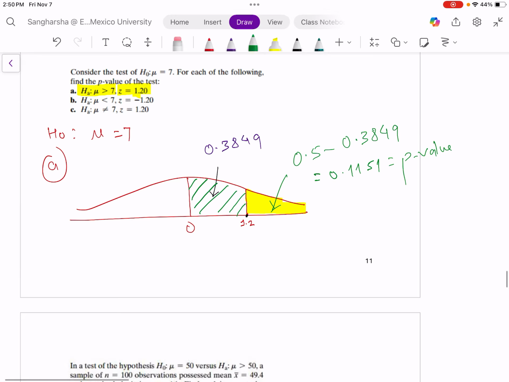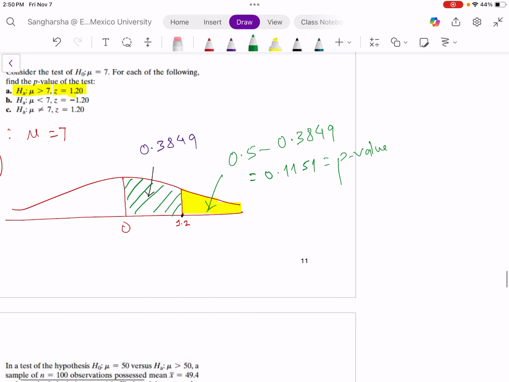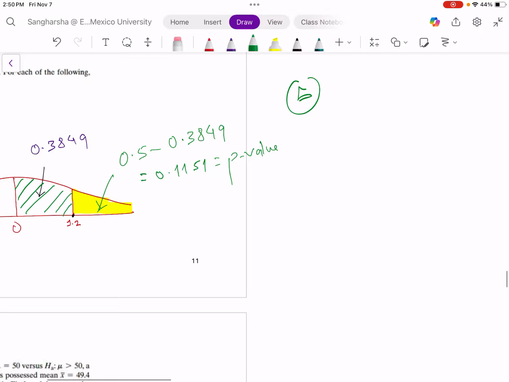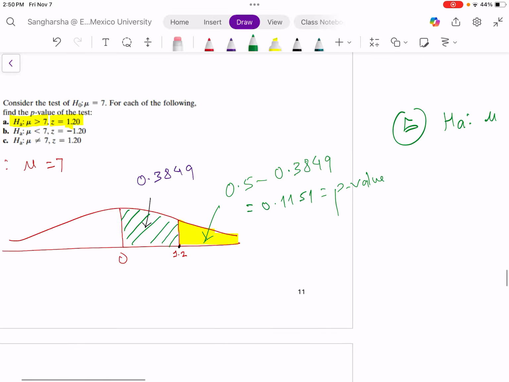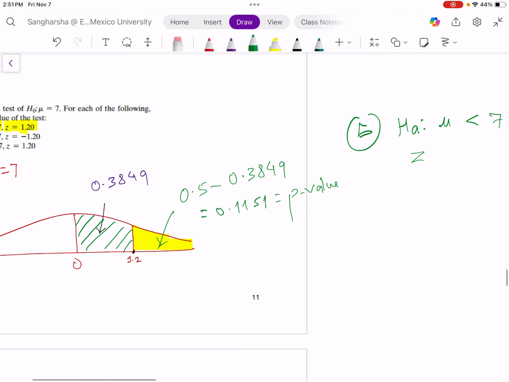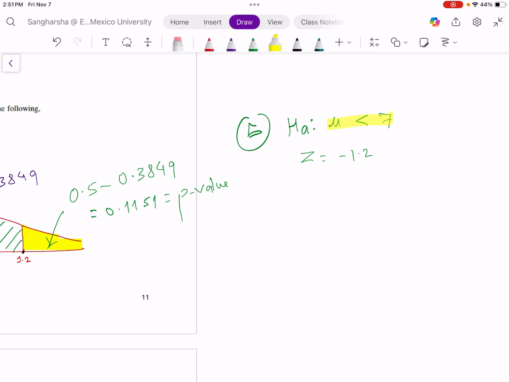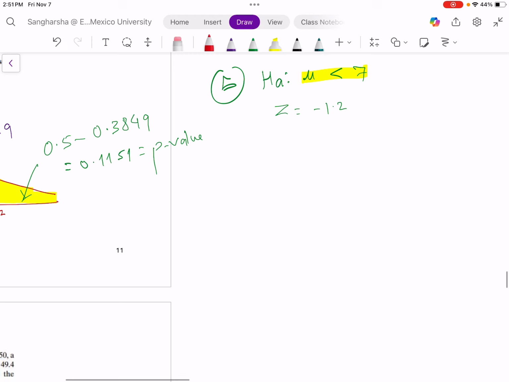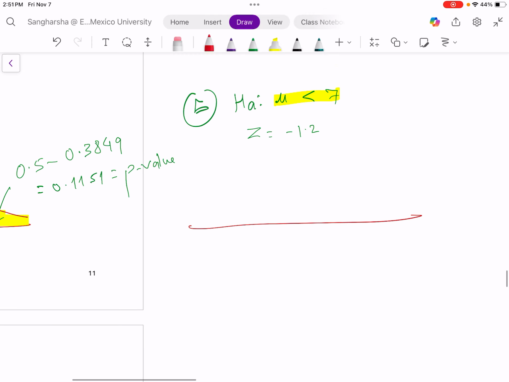Okay, next for B, our alternative hypothesis is mu is less than 7, and our z is equal to negative 1.2. Now in this case, this is our lower one tailed test, so the rejection region is on the left side.